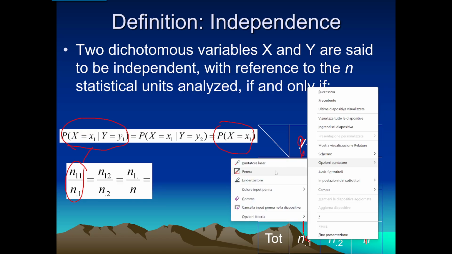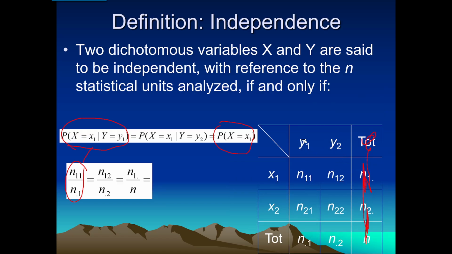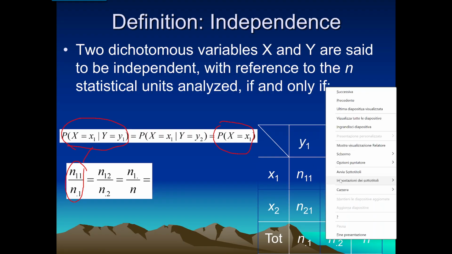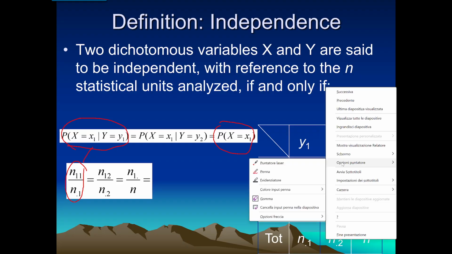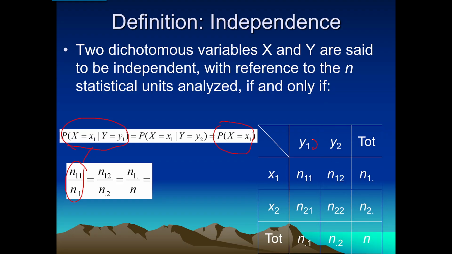Let me show you with this one. So this one here, the final one: if the value of y is not known, you just have these three numbers. What is the probability of x equal to 1? n1. divided by n.